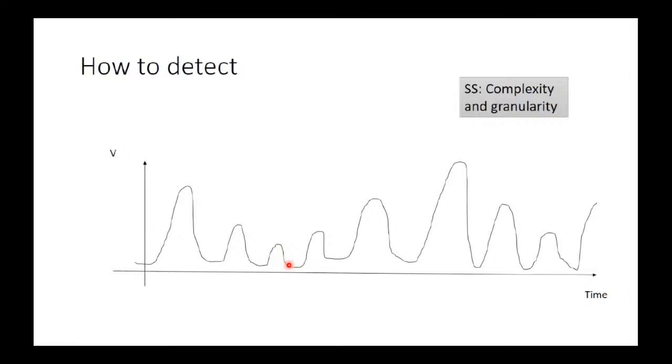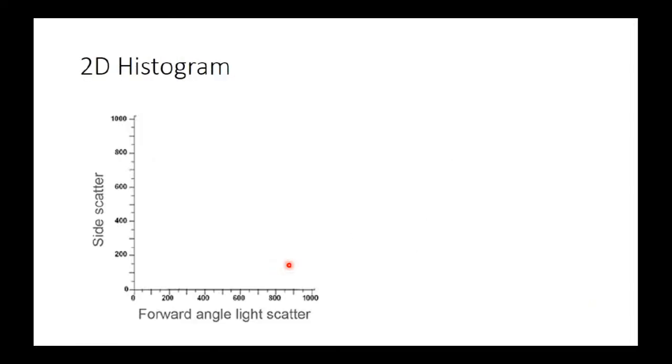Now, in order to analyze the cells, I can combine both forward scattered light and side scattered light data together. In this case, I'll get something called a two-dimensional histogram.